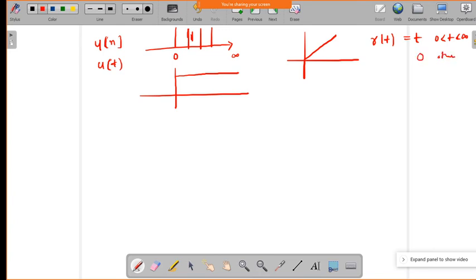Okay. So this is your ramp function, which is r of t. So unit step function, ramp function and delta function, these are some of the specialized functions.